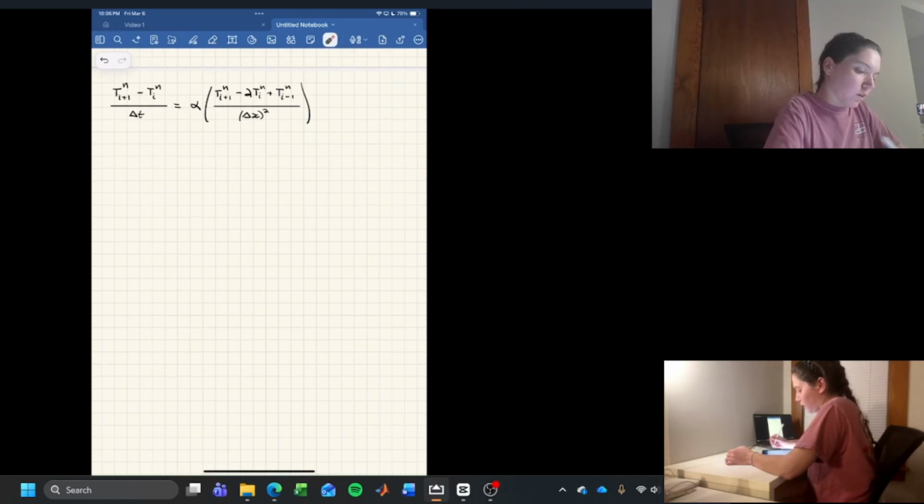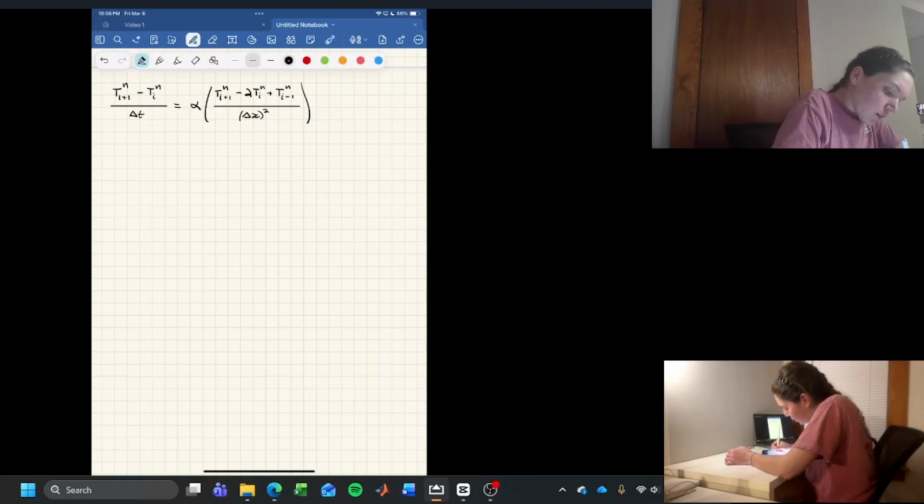So what we're really trying to find is this term here, which is the temperature at some time at the position to the right of where we are.